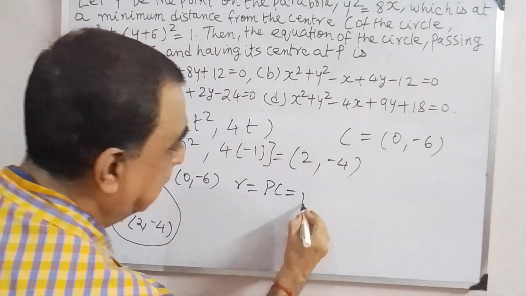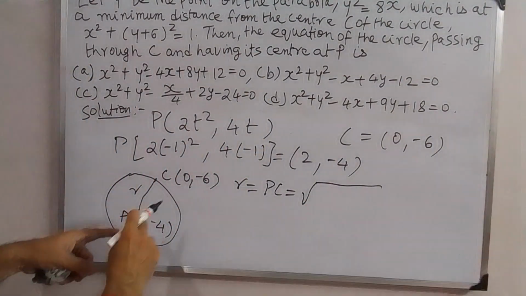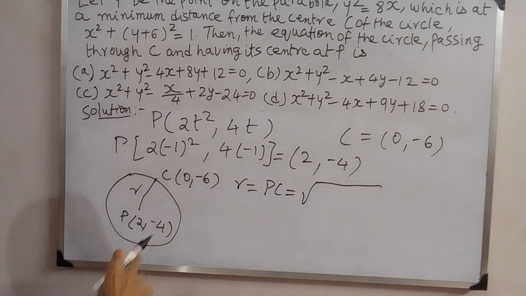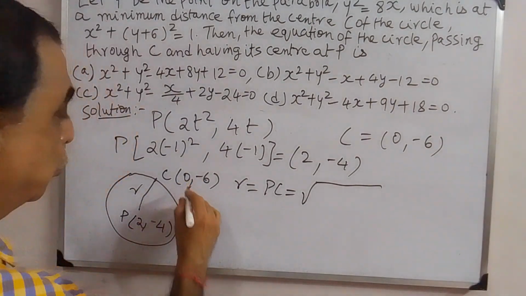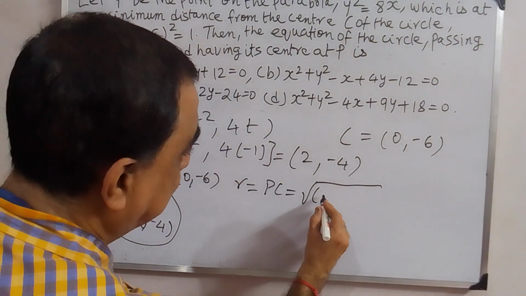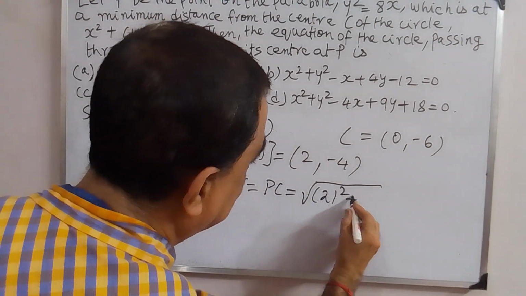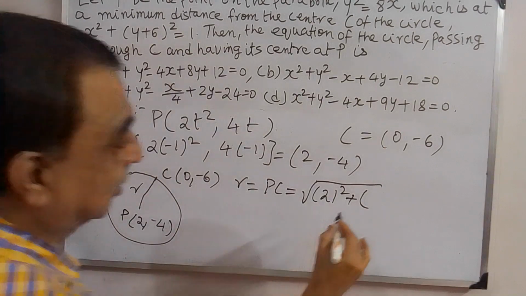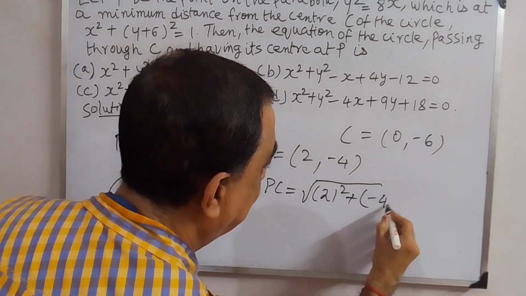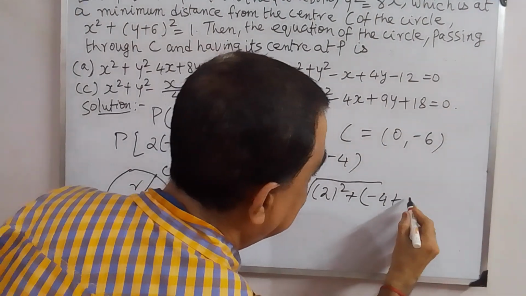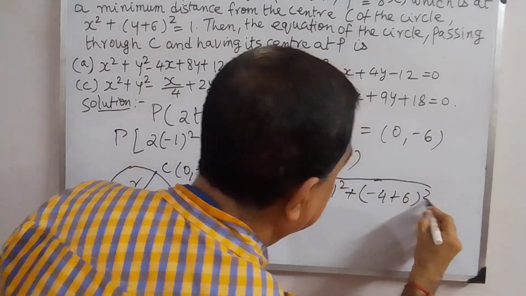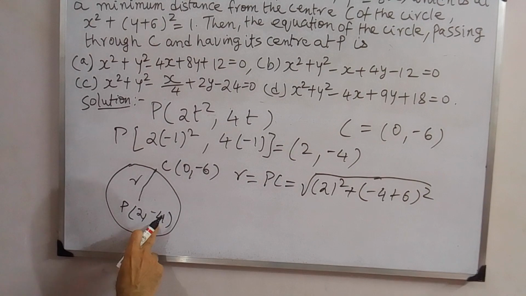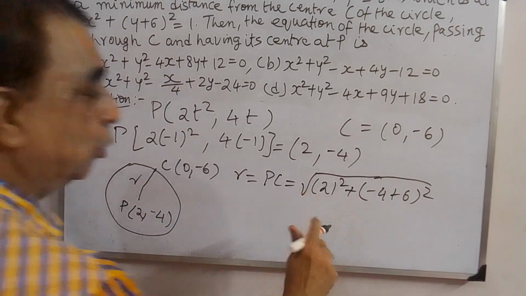And how do we find out PC? The square root of the difference of x coordinates whole square plus the difference of y coordinates whole square. So 2 minus 0 whole square, 2 minus 0 is 2. So 2 whole square plus, minus 4 minus of minus 6, so that is minus 4 plus 6. x1 minus x2 whole square plus y1 minus y2 whole square.